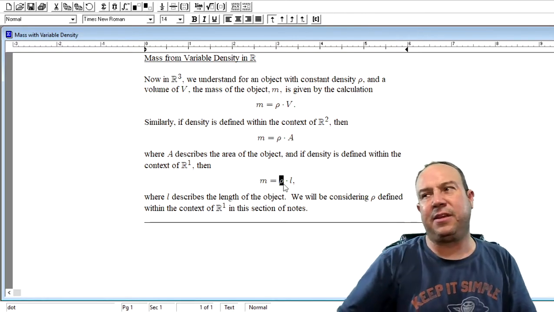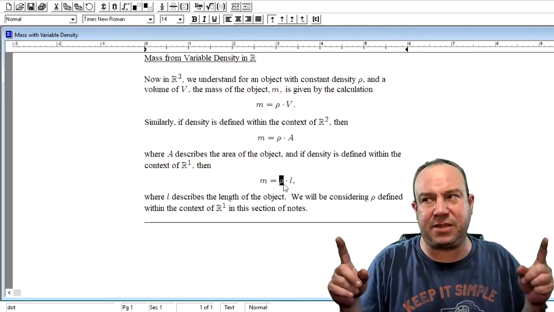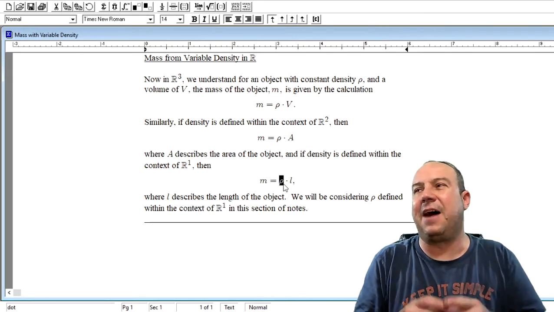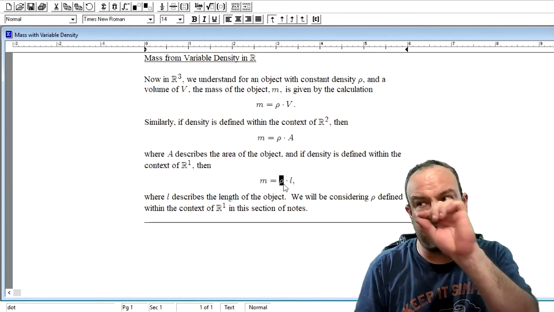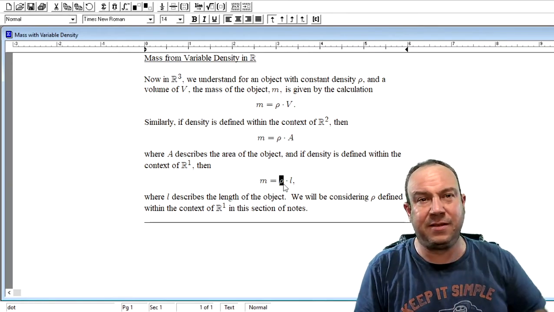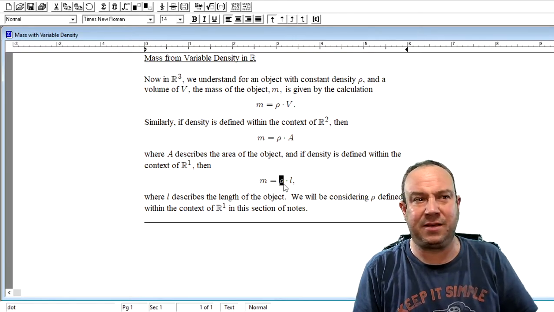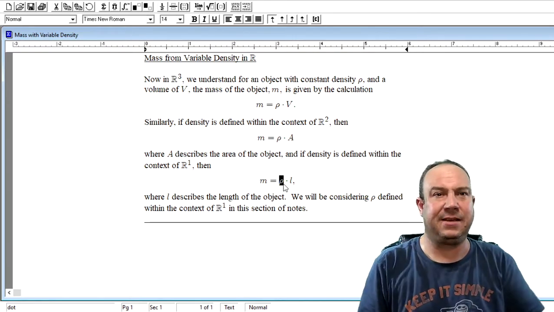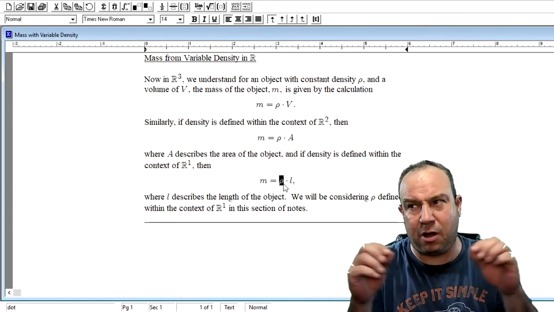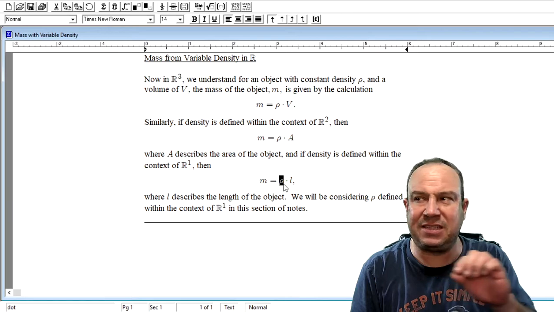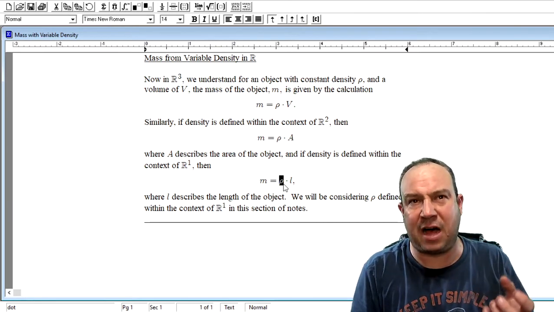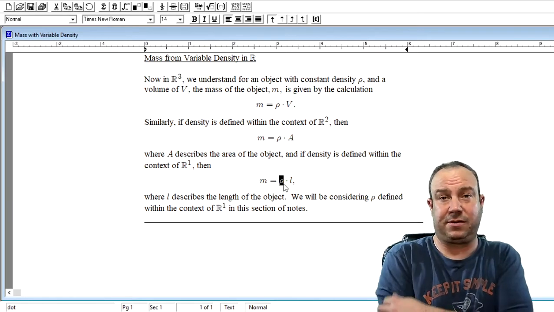Things that are described this way might be rope or cable, or some thin one-dimensional string, or maybe a very small metal rod, that might be described with respect to its density along the length, as opposed to actual physical volume or even area, folks.